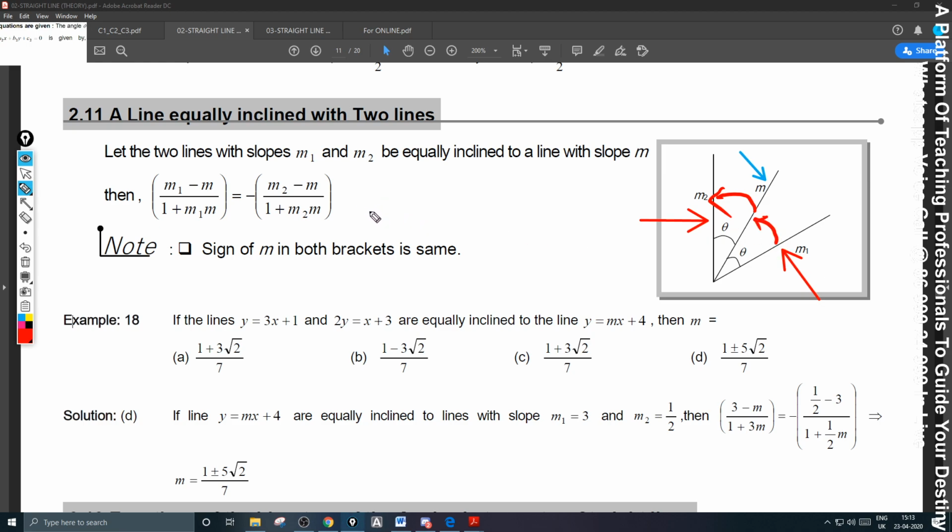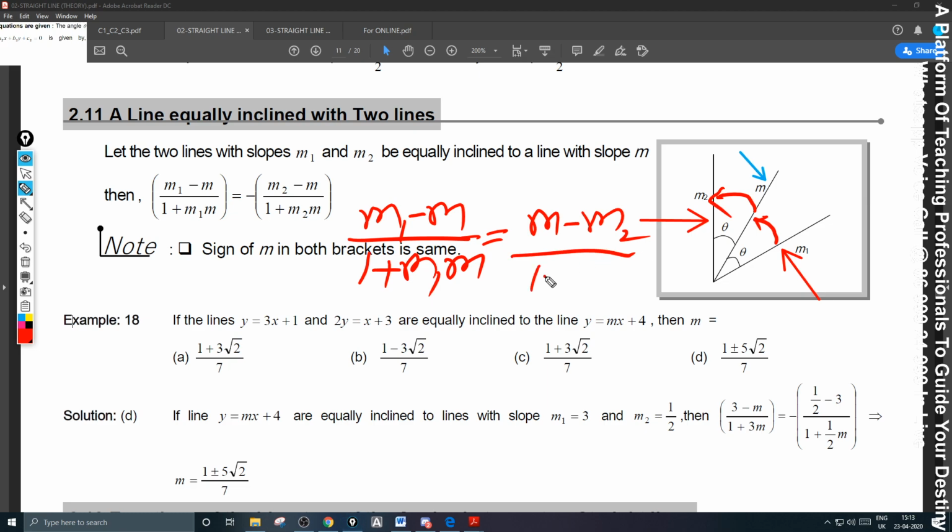See, m1 minus m divided by 1 plus m1m is the formula for tan theta. Again, don't write from m2 to m, but continuation please. M minus m2 divided by 1 plus mm2. Both are same. So the only thing is you have to remember that continuation of the direction. Okay, this is a concept.